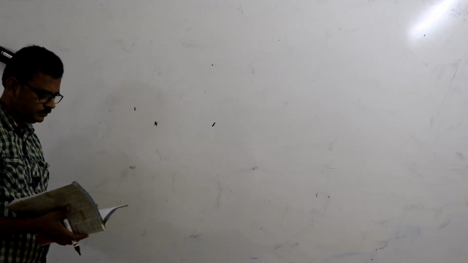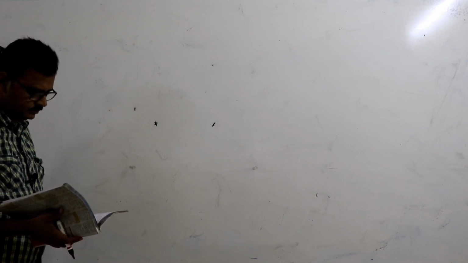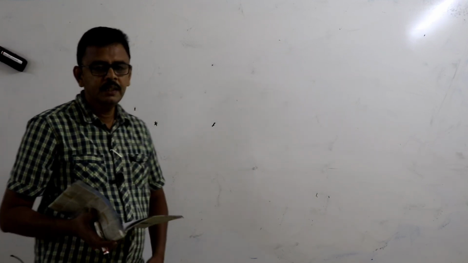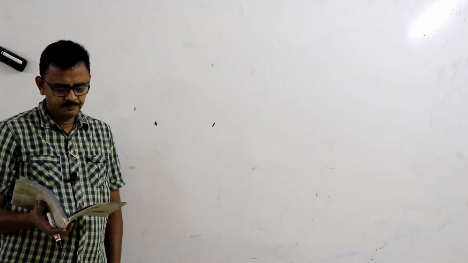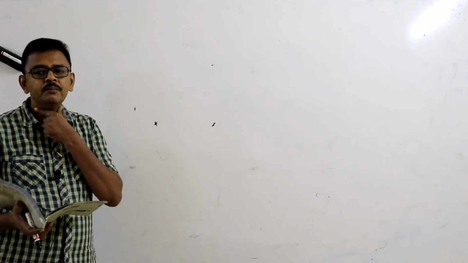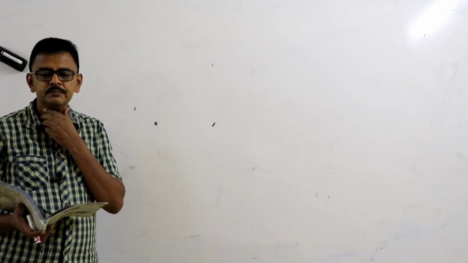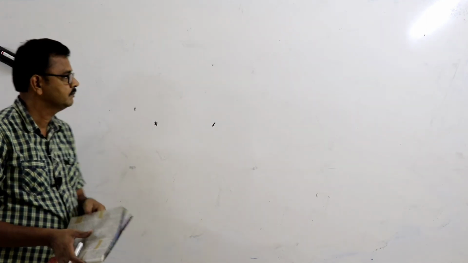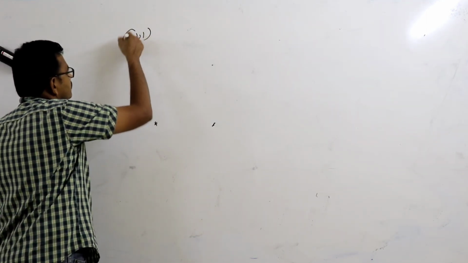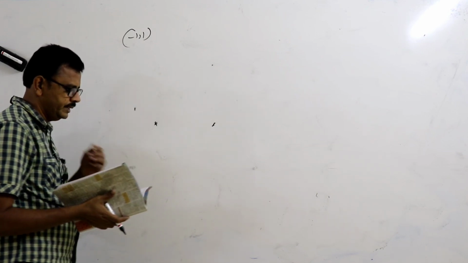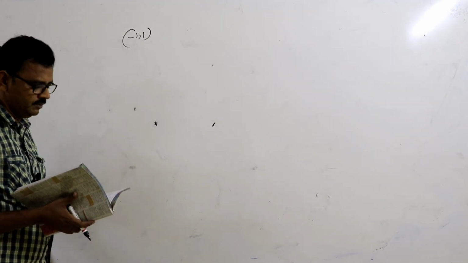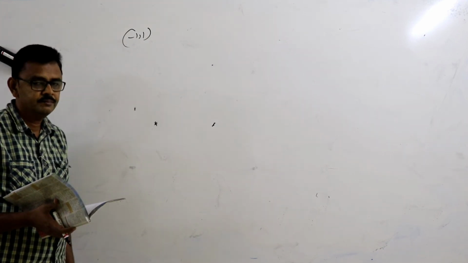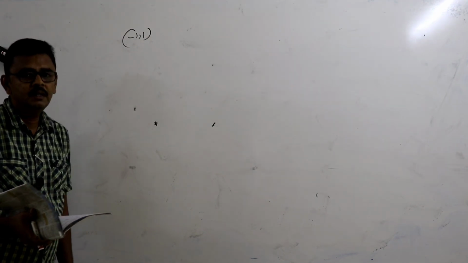Next problem. Consider a family of circles which passes through the point (-1, 1) and are tangents to the x-axis.